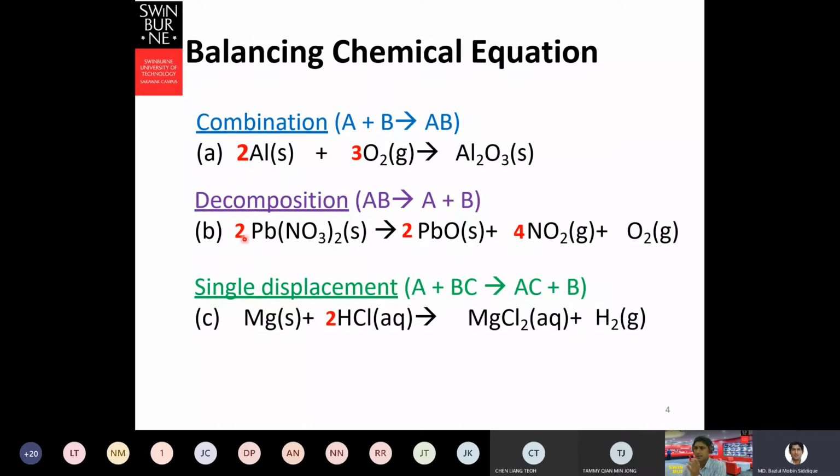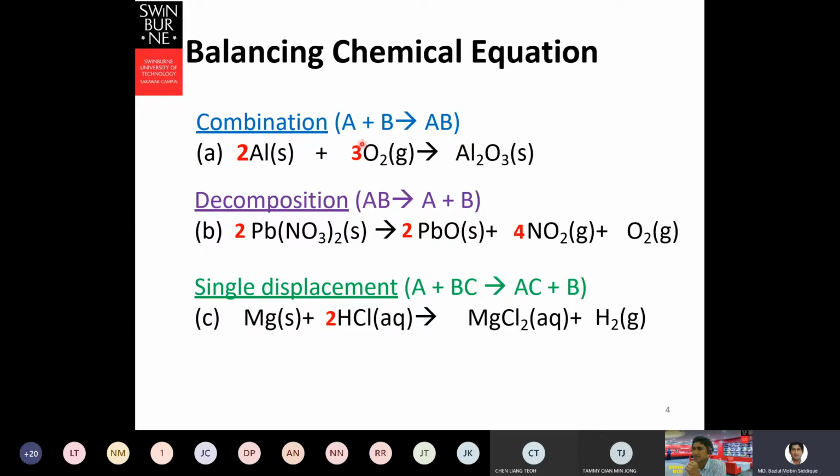The same goes for this decomposition reaction as well. 2 moles of lead nitrate is producing, and then we have to make sure that on both sides, reactant and product, they have the exact amount of atoms of all those elements. So here 2 aluminium, here is 2 aluminium as well.